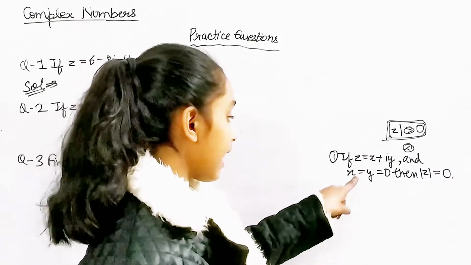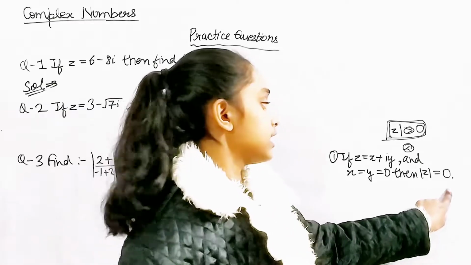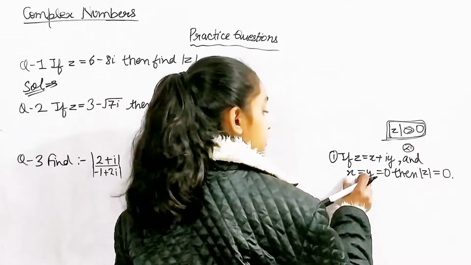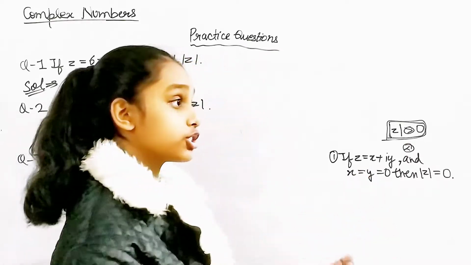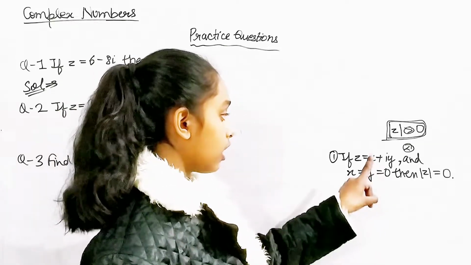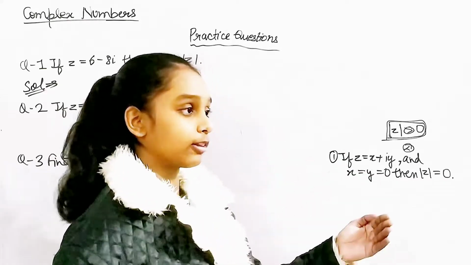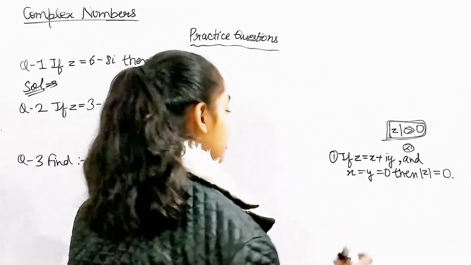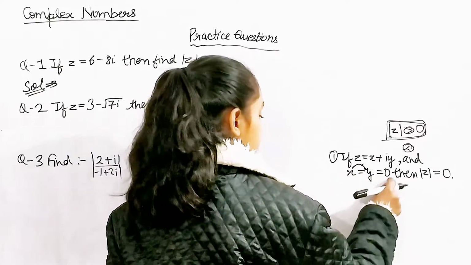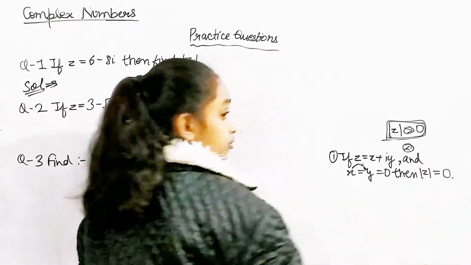So if x and y are equal to 0, then mod z is equal to 0. x is saying that it will have the same value as y. So x is equal to y, and the value of y is 0, so x will also be 0, and then mod z is equal to 0.